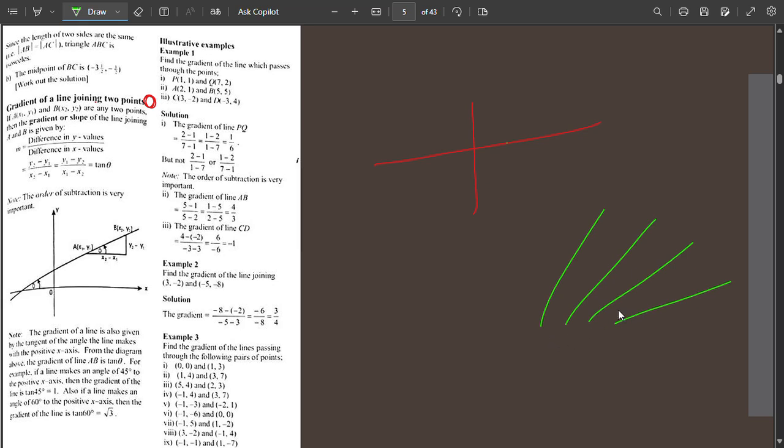What do you think is different amongst these lines? They all make a different angle with the x-axis. If you compare this angle A, angle B, angle C and angle D, what happens? The angle keeps increasing.